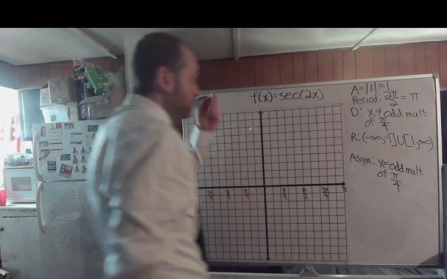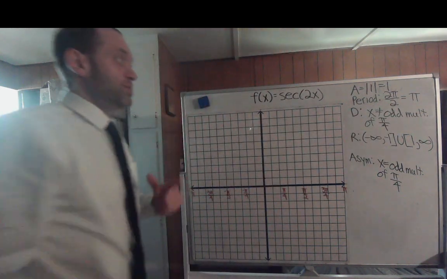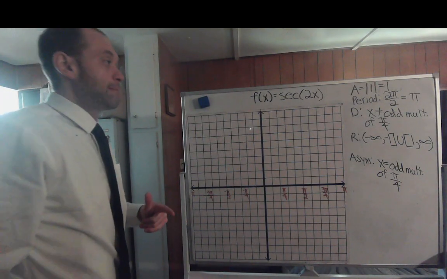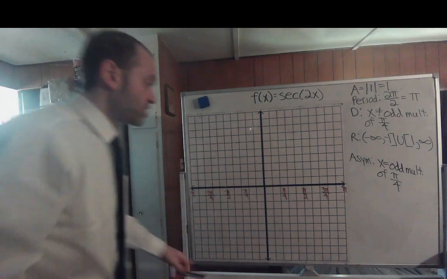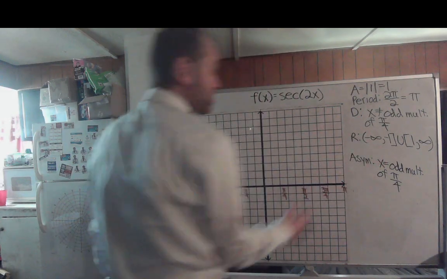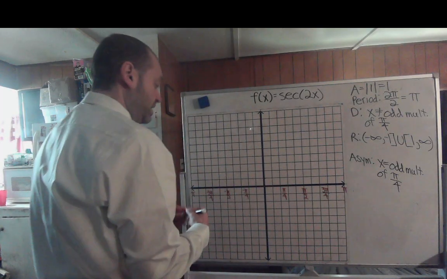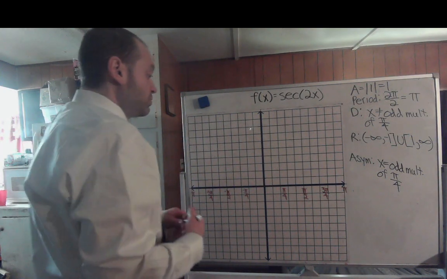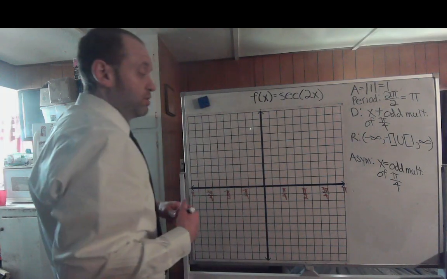So you can divide your asymptotes by 2 also. Okay, so let's actually plot those asymptotes. And your range hasn't changed. Your range is still negative infinity to negative 1 and then 1 to infinity. So if I put in pi over 4, that gives me the secant of pi over 2, which would be undefined.